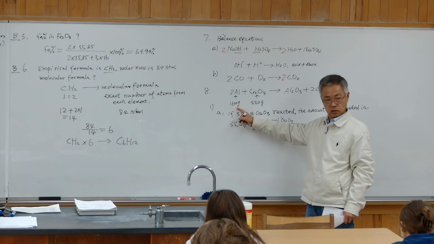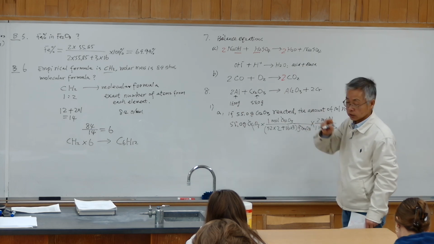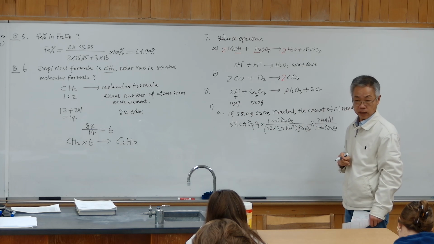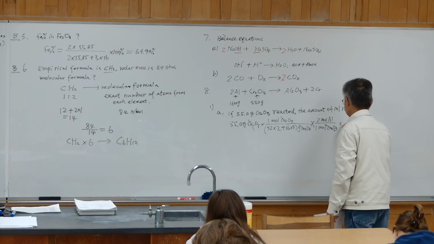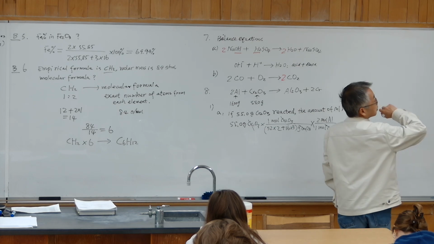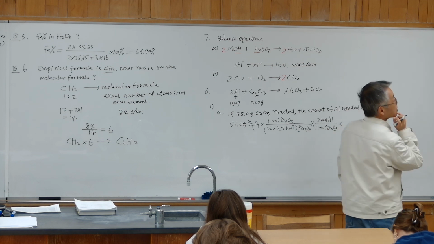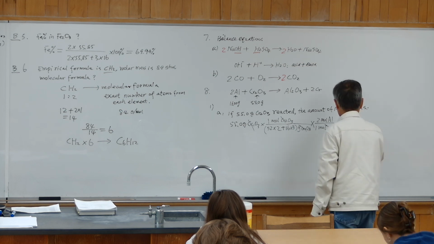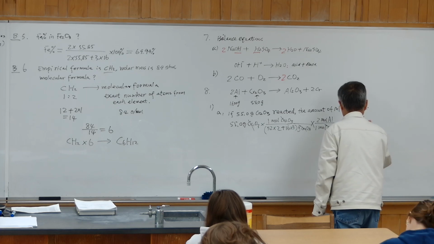It's mass, not moles. So we need to convert moles back to mass. According to that chart, from moles back to mass, moles multiplied by molar mass, right? Use the periodic table again. Aluminum molar mass is 26.98 gram per mole.